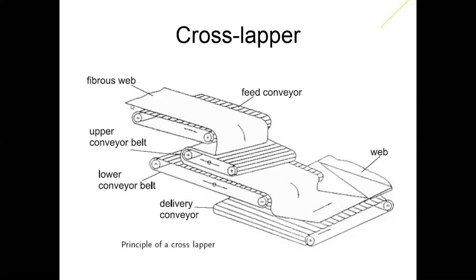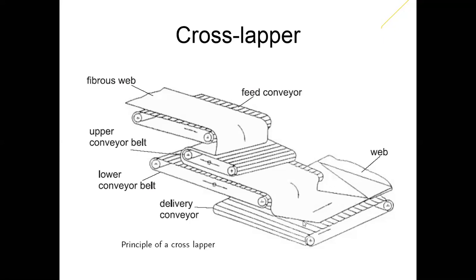Okay. So the fibrous web, with the help of the feed conveyor, is coming to the upper conveyor belt. Then with the help of the upper conveyor belt, it is transferring to the lower conveyor belt. Then we have a delivery conveyor. This delivery conveyor is moving in this direction, and when you are laying the layers, this is the direction of the layer.